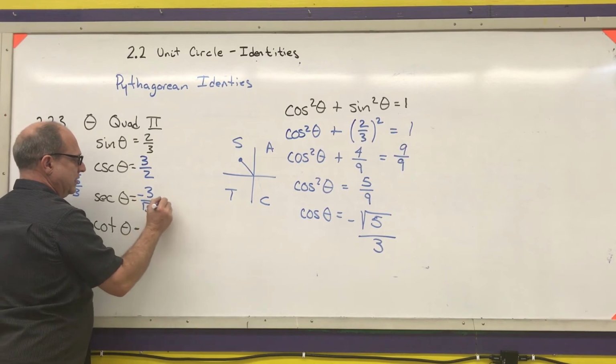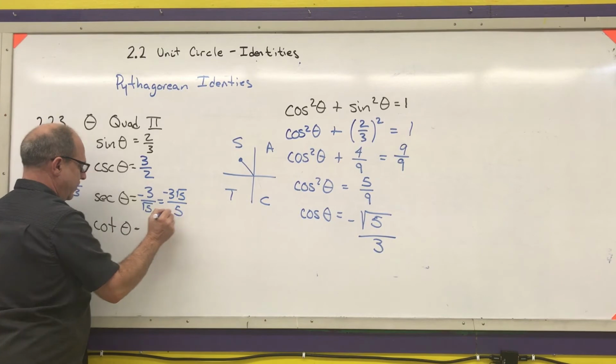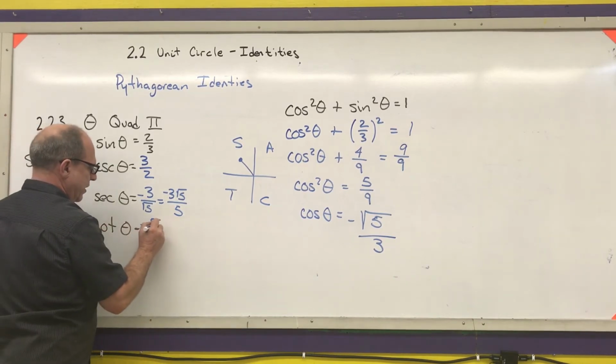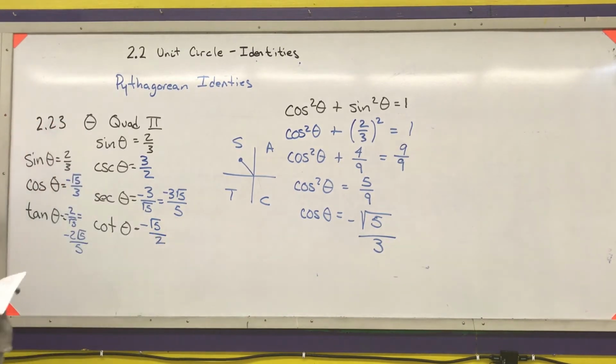And if I rationalize the denominator, I get negative 3 root 5 over 5. Cotangent's the reciprocal of tangent. I'm just going to take the reciprocal of this, and I'm going to get negative square root of 5 over 2. So that's how I worked out those examples for 23.